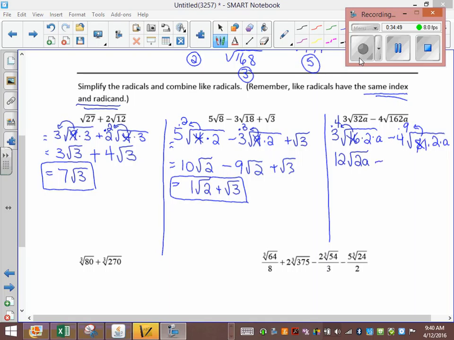Negative 4 times 9 is negative 36, root 2a. And then I can actually put them together because they both have the same radicand and index. 12 minus 36 is negative 24 root 2a.